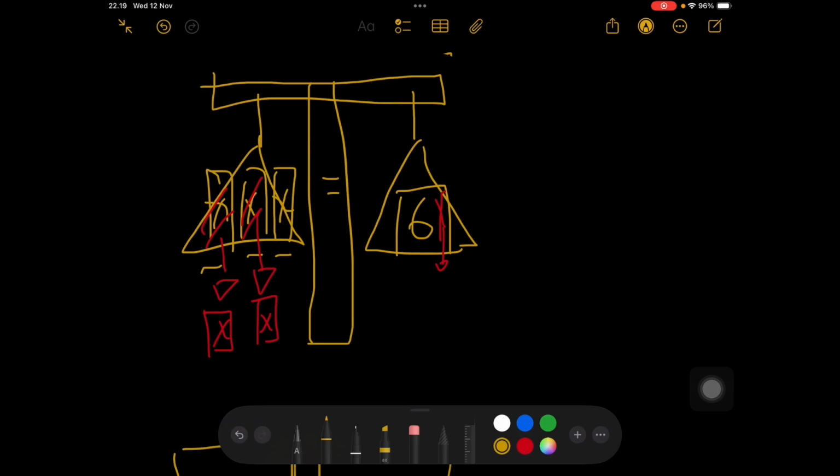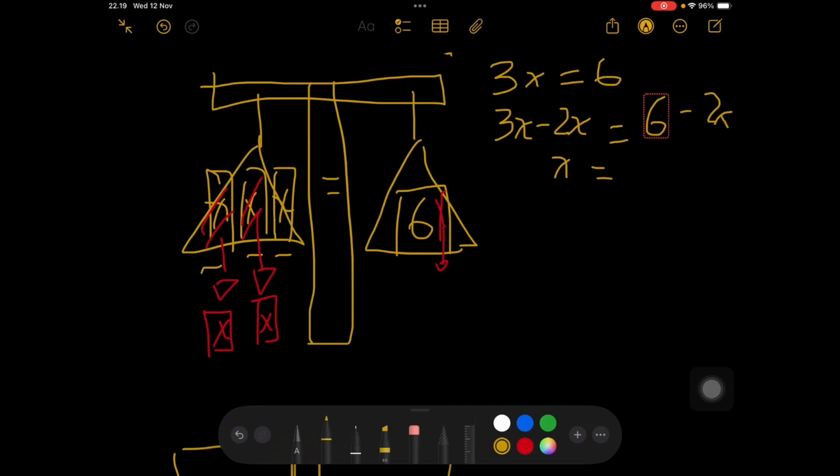Besides, structurally, if we do 3x minus 2x, which is certainly equal to 1x, and we do 6 minus 2x, then we'll get x equals 6 minus 2 what?